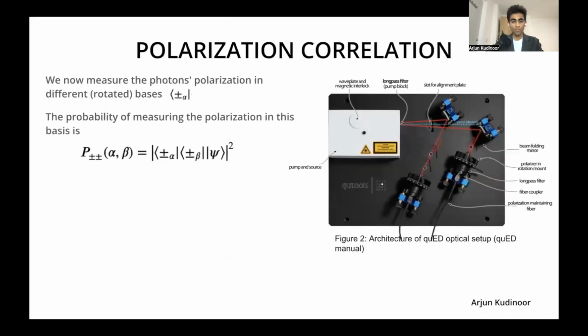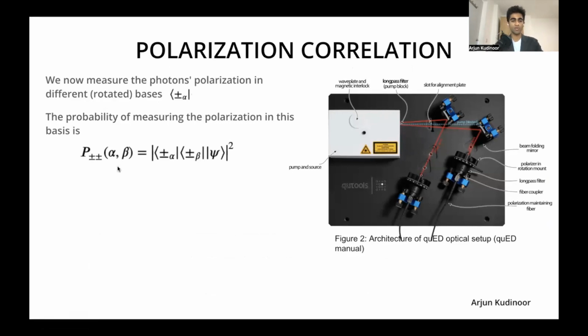Now, what about the correlator? In order to construct this correlator, we need to make measurements. So we have to measure the photon's polarization in different bases, bases that are rotated from the horizontal and vertical bases. We just call these rotated bases plus and minus, and they're rotated using some angle alpha or beta in this case.